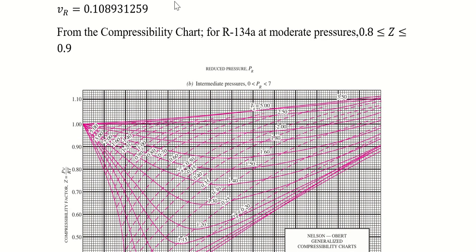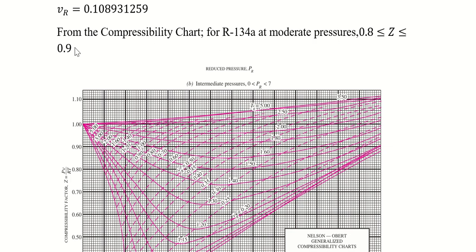But we have a problem again. One thing you have to keep in mind is that for this refrigerant, at most temperatures and practical pressures, its compressibility factor Z lies between 0.8 and 0.9.